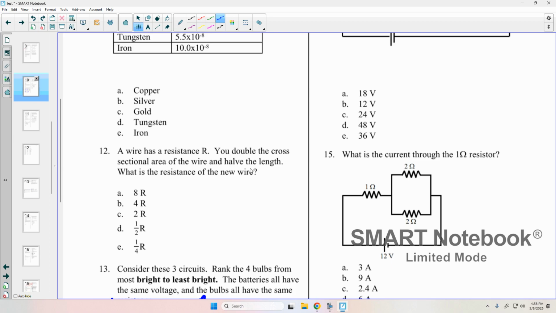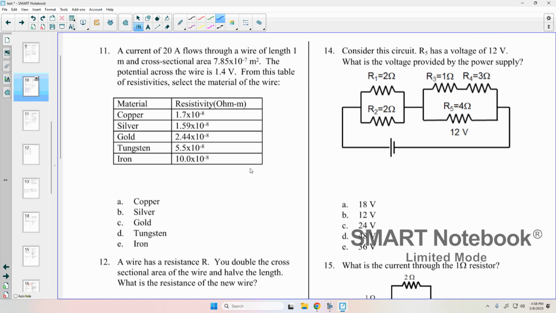Yeah, Gabby? Yeah, of course. So number 11, you're calculating the resistivity. I know that R is equal to rho L over A. I want to find the resistivity, and then I can select it from these materials.